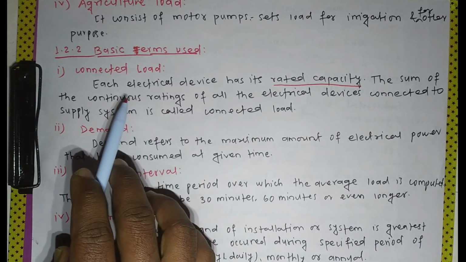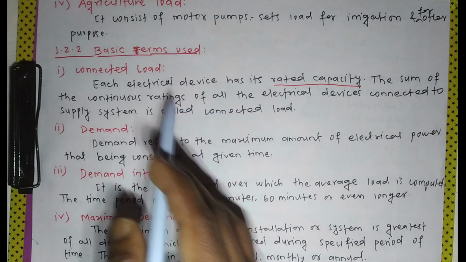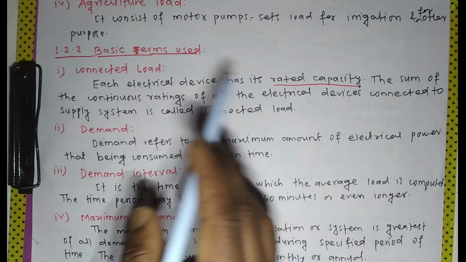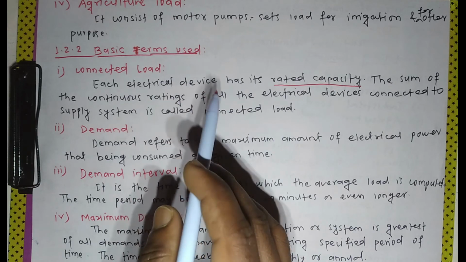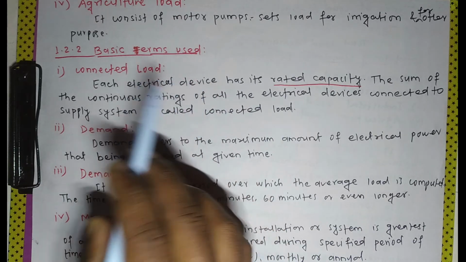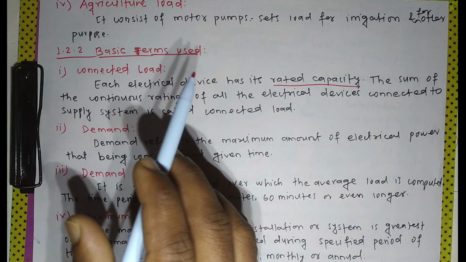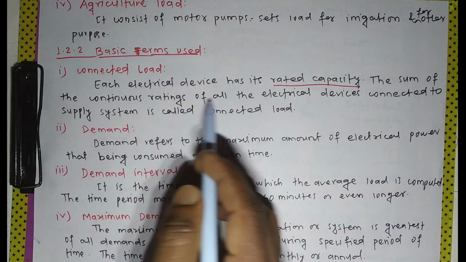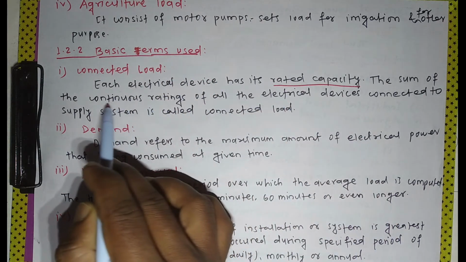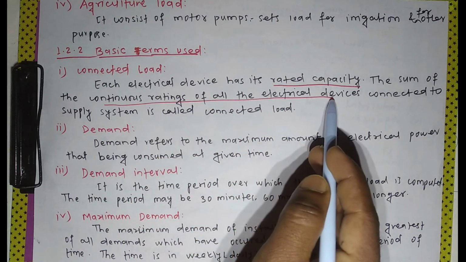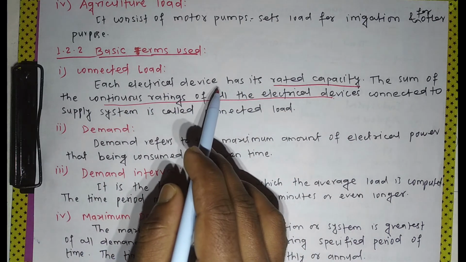Means connected load is the sum of the ratings of all devices which are connected to the supply. If it is connected to the supply and we add all the continuous ratings of the electrical devices, that is known as connected load.